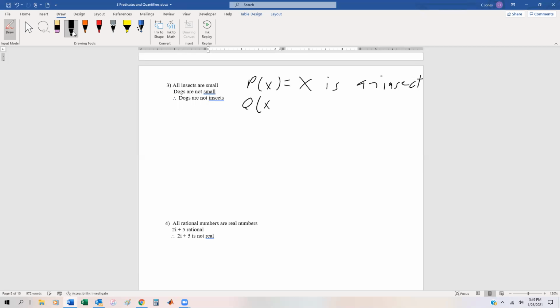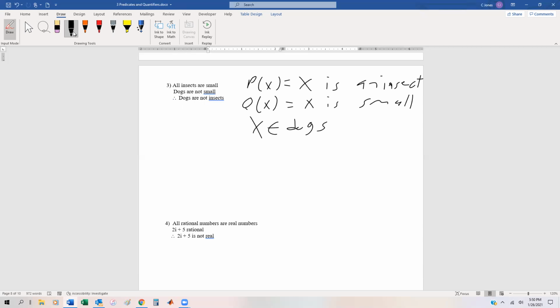Q of X, X is small. And let's say X is an element of dogs, because those are the 3 things that are really going on. We have insects, we have things that are small, and we have dogs.